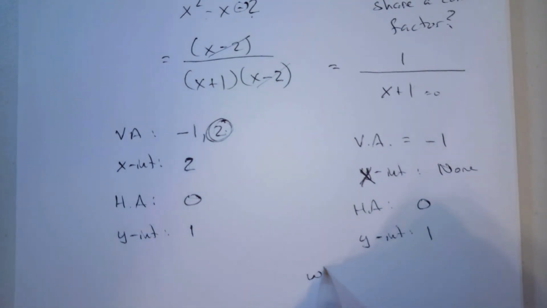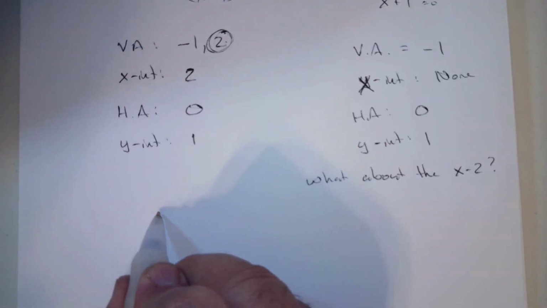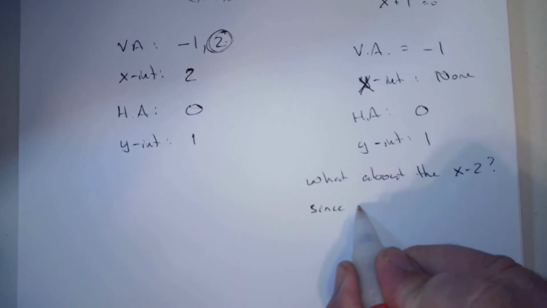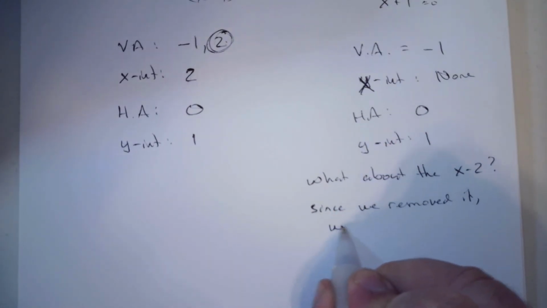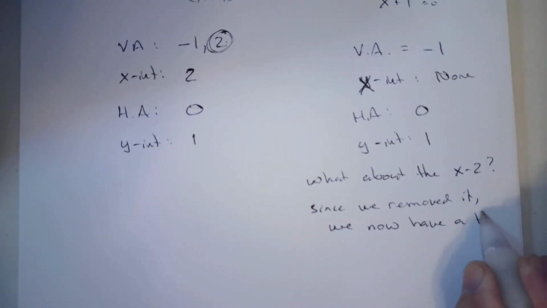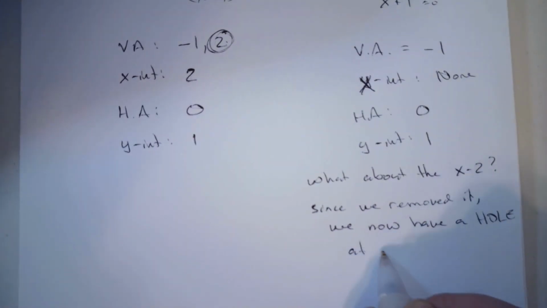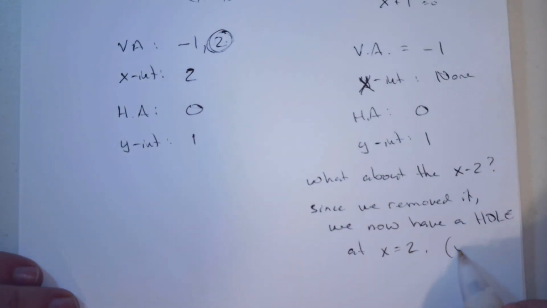So, what about the x minus 2 part? Since we removed it, we now have a hole at x equals 2. x minus 2 equals 0, x equals 2.